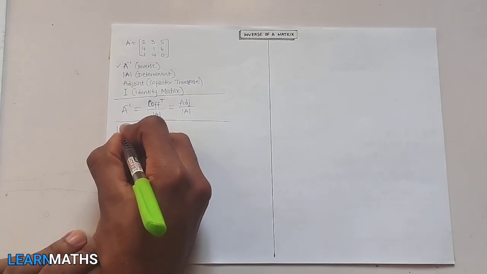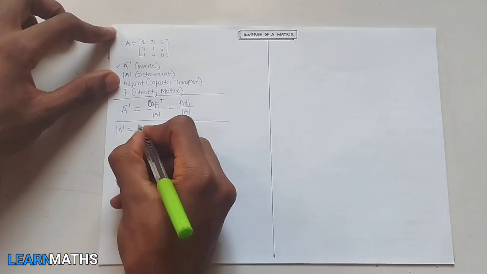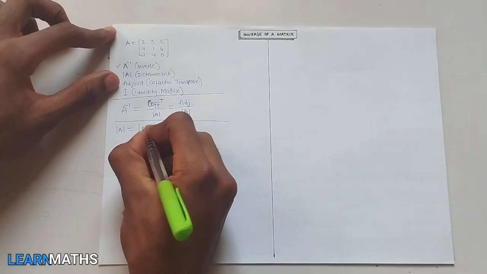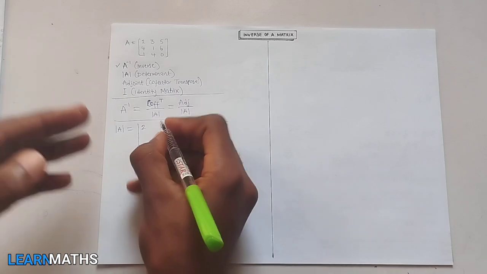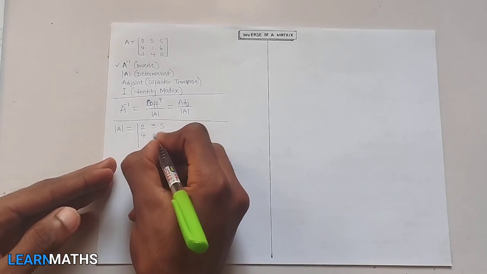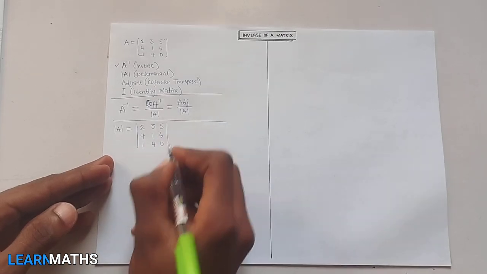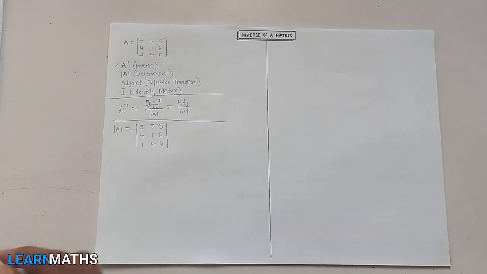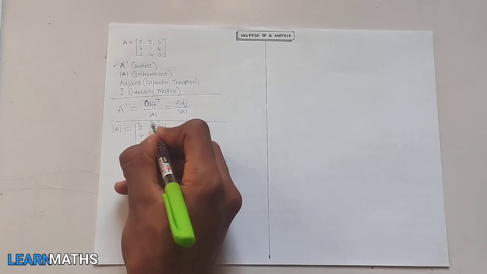Now, the determinant of A is going to be this. We no longer use brackets, we use straight lines to enclose the elements of the matrix since we are finding determinants here. So this is going to be 2, 3, 5, 4, 1, 6, 1, 4, 0. Now I'm going to assign signs to the first row: positive, negative, positive.